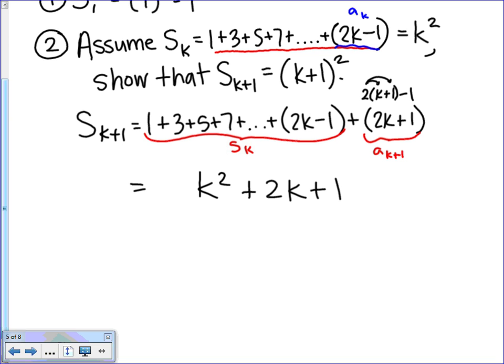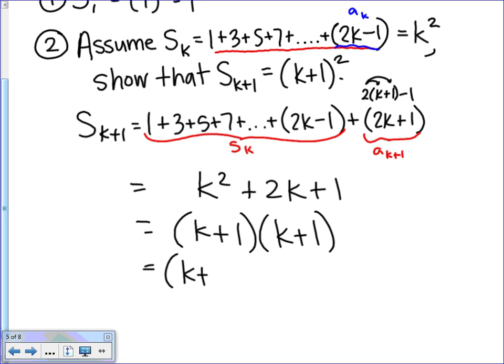That's a trinomial. Can you factor k squared plus 2k plus 1? Yeah, factors of 1 that add to make 2 are 1 and 1. So that's k plus 1 times k plus 1, which we could write as k plus 1 squared. And that's what I wanted to show.